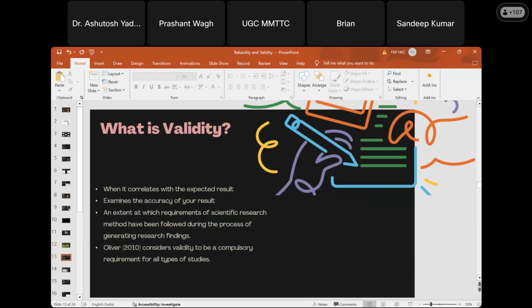Similarly, if we talk about defining validity in a more formal sense, a measurement or test is valid when it correlates with the expected results and it examines the accuracy of your result. And here is where things get a bit tricky. Now, to establish the validity of a test, the results must be consistent.